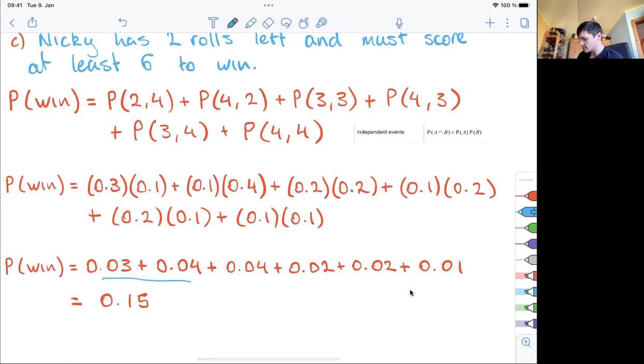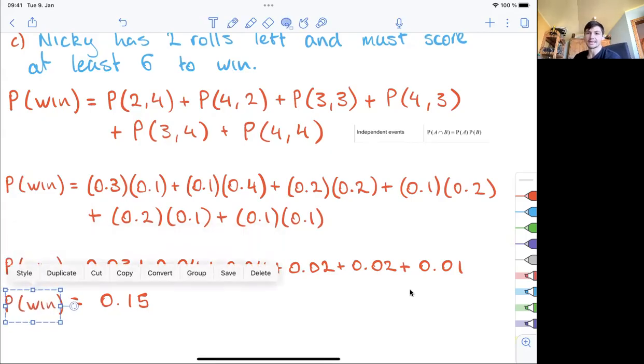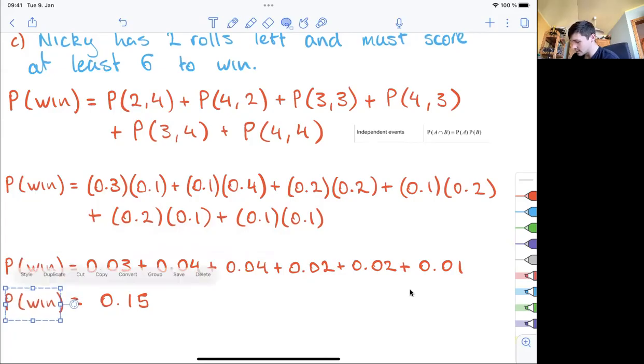So 0.03, 0.04, so you get to 0.07, then 0.11, then 0.13, 0.14, then 0.15 at the end. You kind of saw how I went through there as we work from left to right. Okay, and then that is the answer to part C. So that's the probability that Nikki would win the game. Okay, now let's move on to part D.